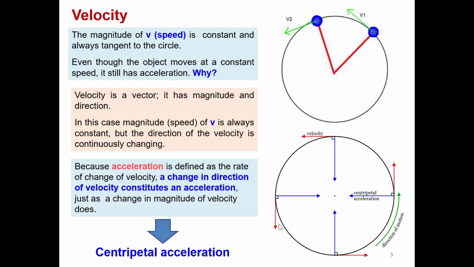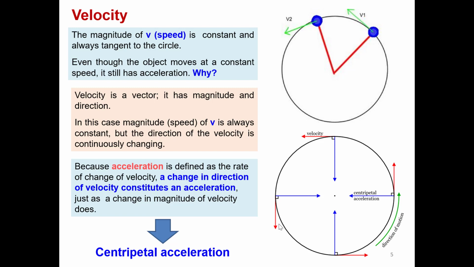We know the velocity is a vector. The velocity has magnitude and direction. In this case, the magnitude of the vector is constant, but the direction of the velocity always changes. This is why in this case the acceleration is due to the change in the direction of the velocity.